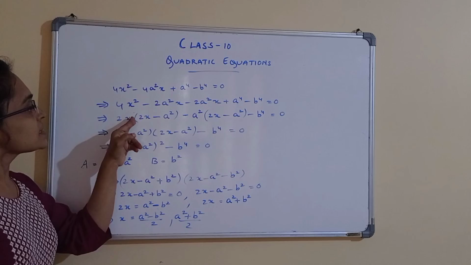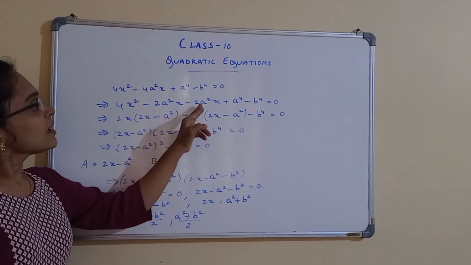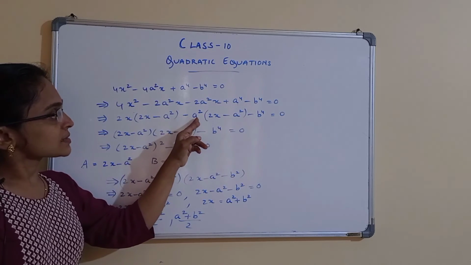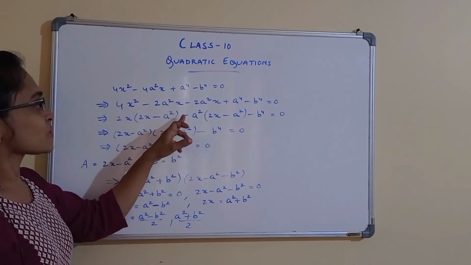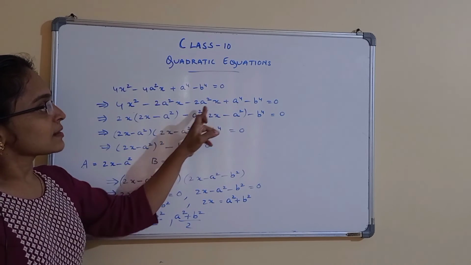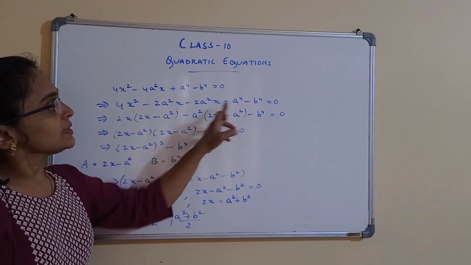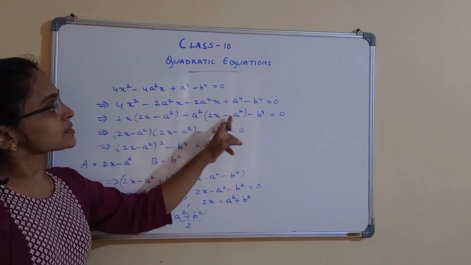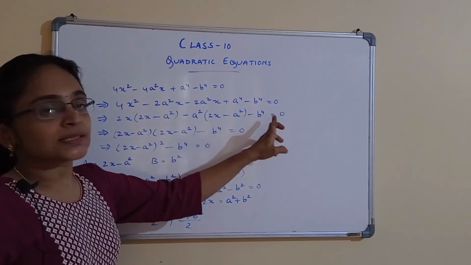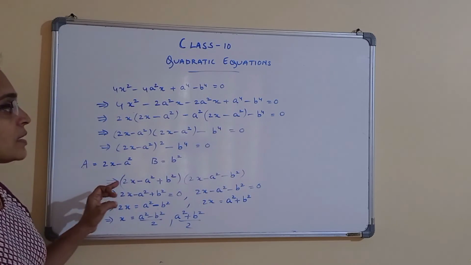So we have 2x into 2x minus a square and a square from these two terms. So we have minus a square, that we have taken minus a square. Okay. So minus a square into 2x, then minus a square, because minus a square into minus a square is plus a raised to 4. Then minus b raised to 4 is equal to 0.